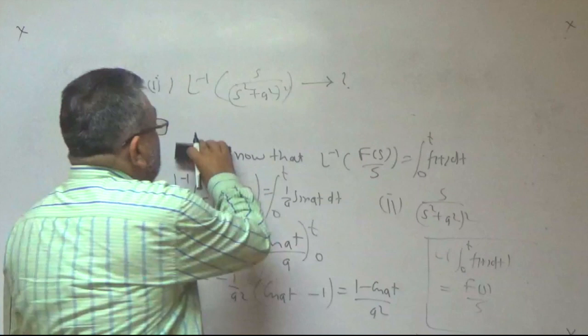And here, with the LCM, it is 2B upon A square minus B square.